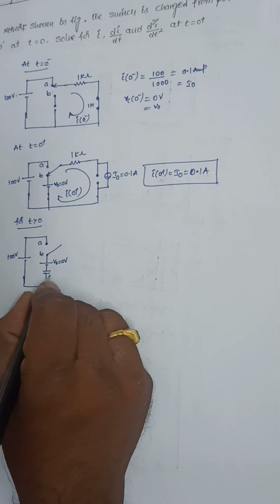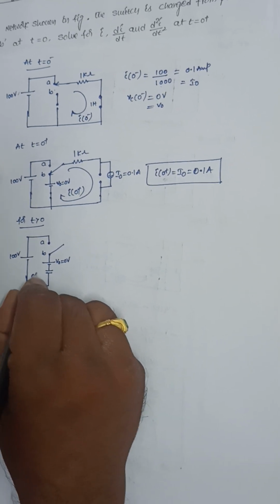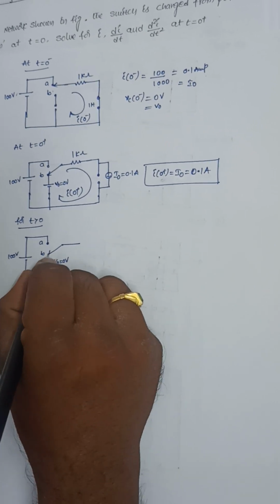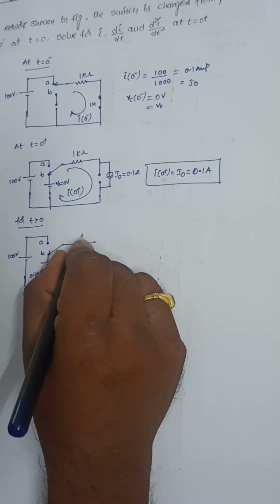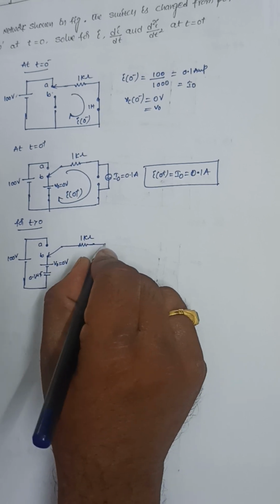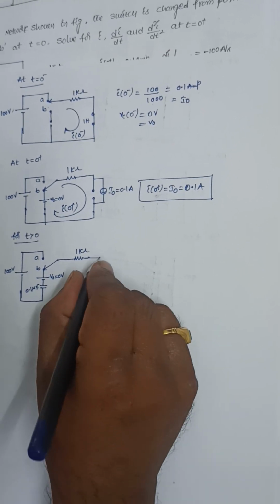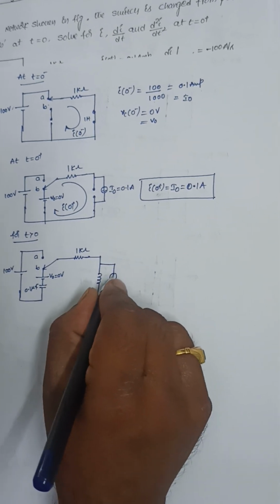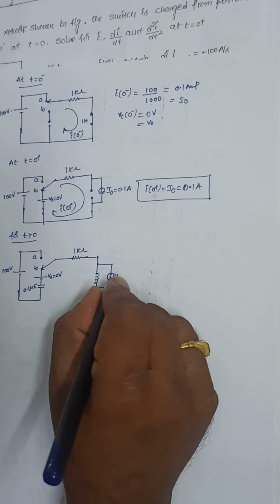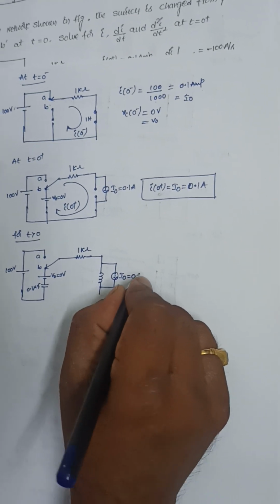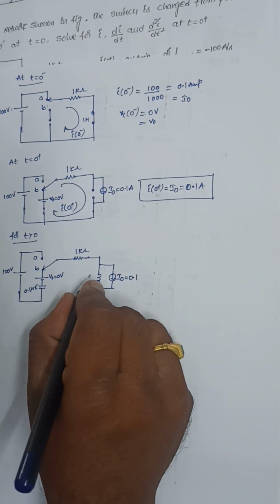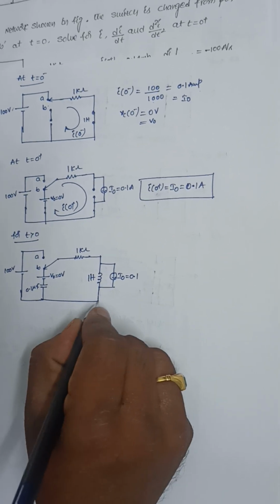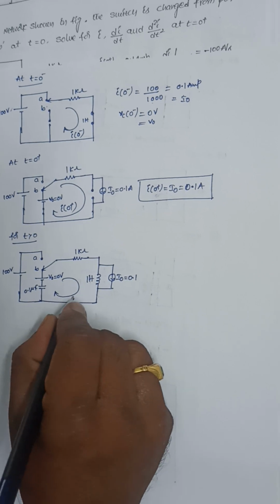The switch is at position B, it is 1 kilo ohm, and the inductance is replaced with its equivalent circuit: psi naught equal to 0.1 ampere, and the value of L here is 1 Henry, like this, and this is I of t.